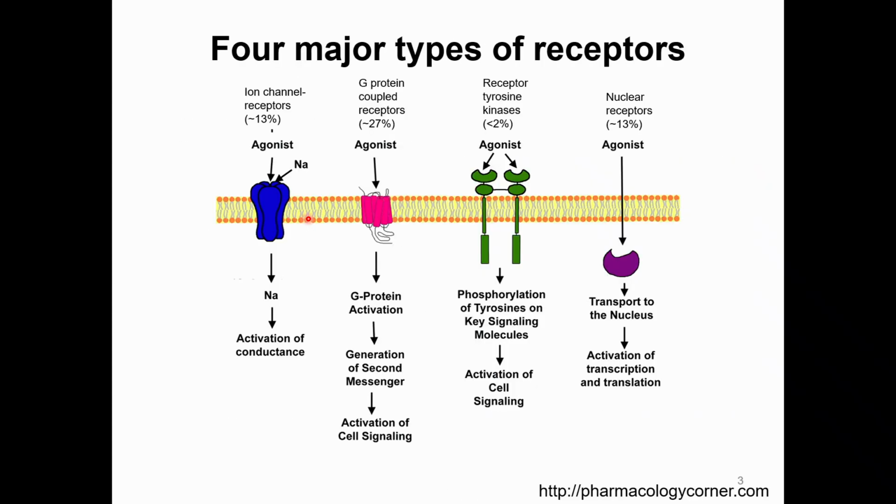I want to mention now, if you look downstream from the receptors, when a ligand or a drug binds the receptor, something has to happen. So the real question is, what happens after the ligand binds? G protein coupled receptors activate G proteins, and then they make second messengers, things like cyclic AMP, and these activate something that the cell responds to.